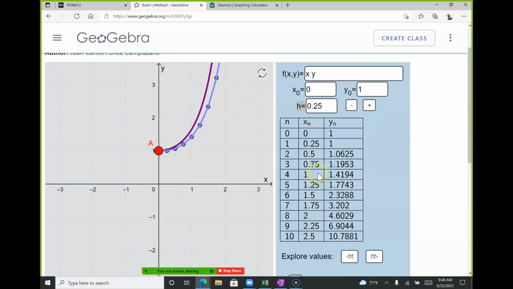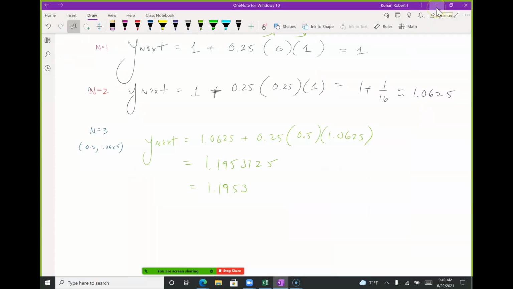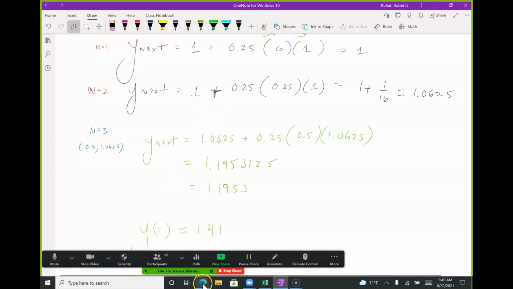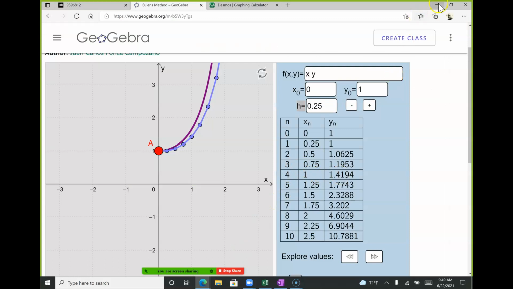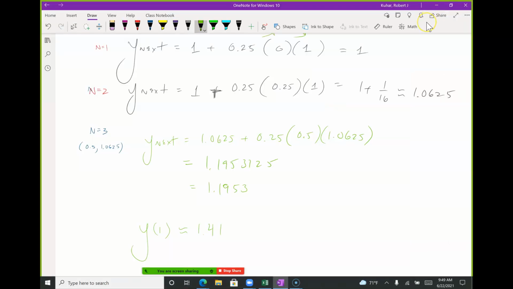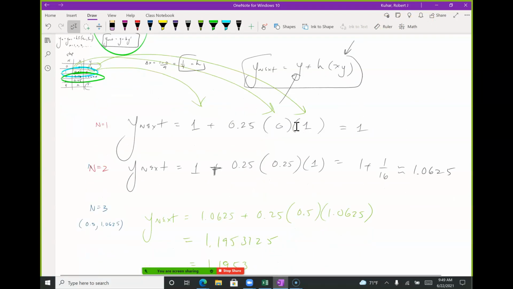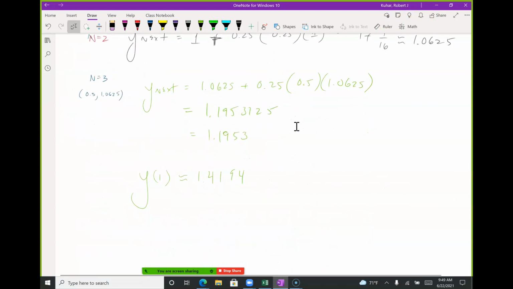So you can see I can make my prediction of 1.4194. My prediction for y sub 1 is approximately 1.4194, right?